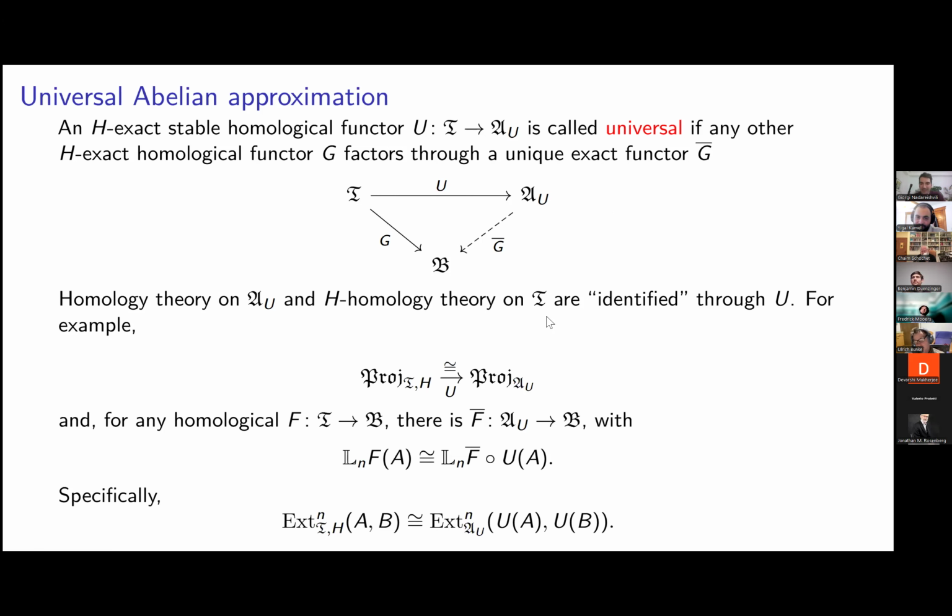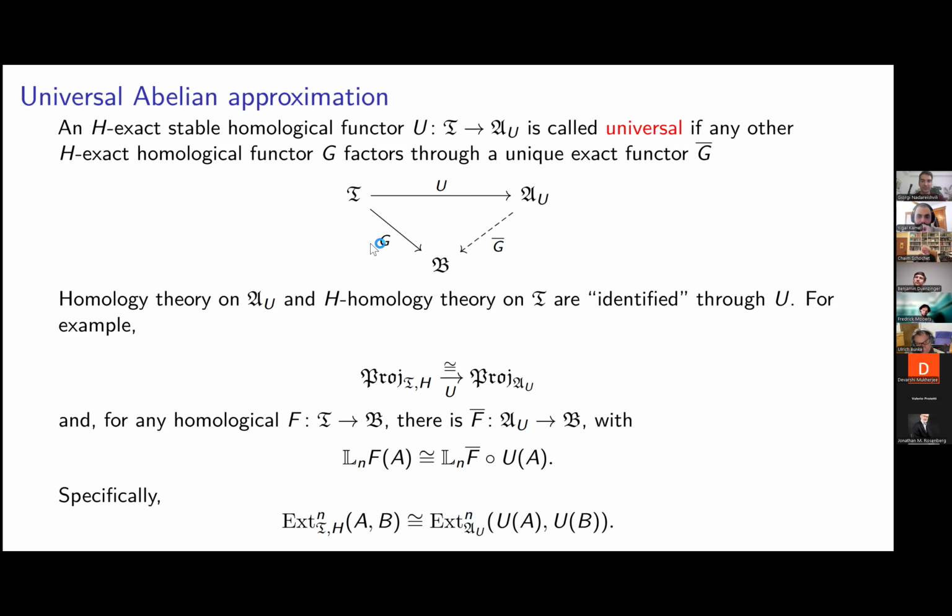And what I mean by this is, for example, if you take real projective objects on the right side, and you take relative H-projective objects on the left side, this is projective TH and projective AU, they are equivalent as subcategories here. And more importantly to us, I showed you how to define derived functors.